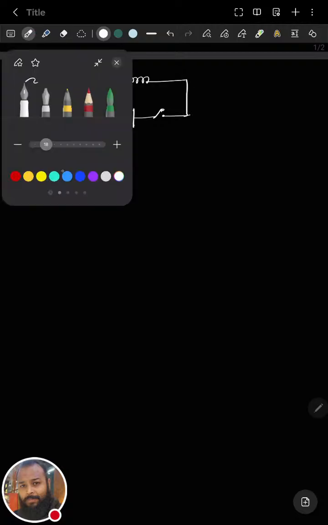So first of all, I'll take an inductor and a capacitor and of course a switch. So this is inductor L and capacitor C. Now the capacitor is fully charged.